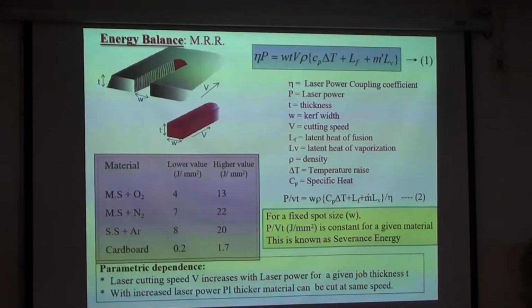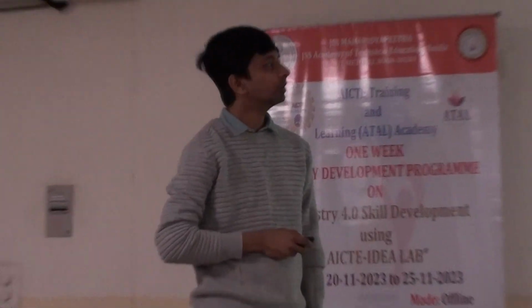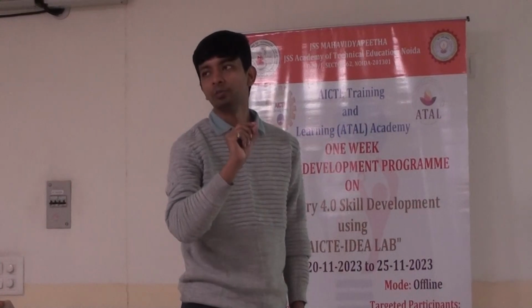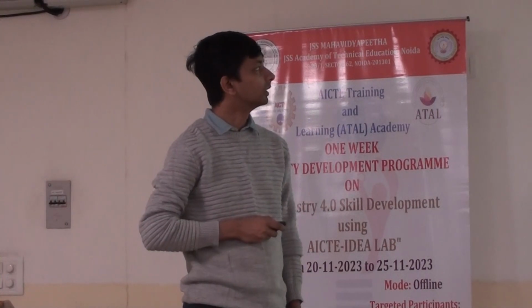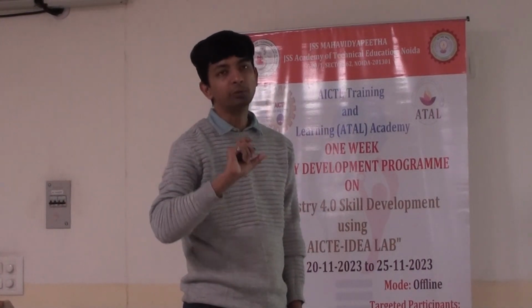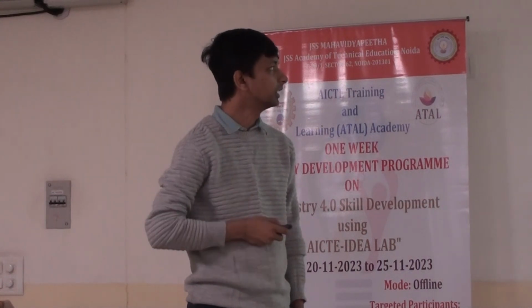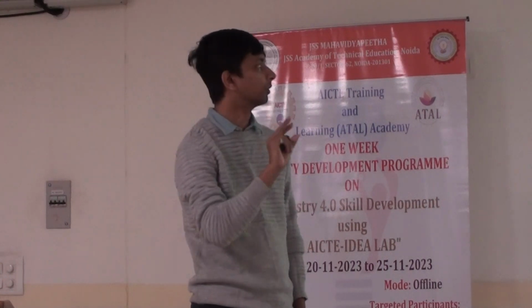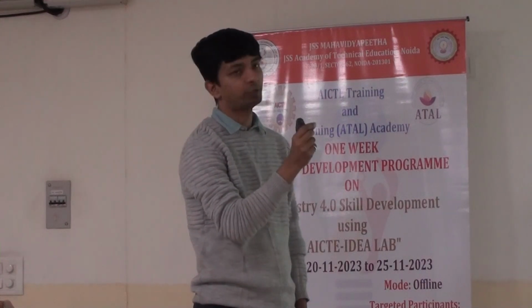If you can ensure that, then our job is done. Sorry, this is basically a volume, and rho is the density. So mass equals volume times density. So this is volume WTV per unit time, obviously, and rho is the density. So m equals rho into V.